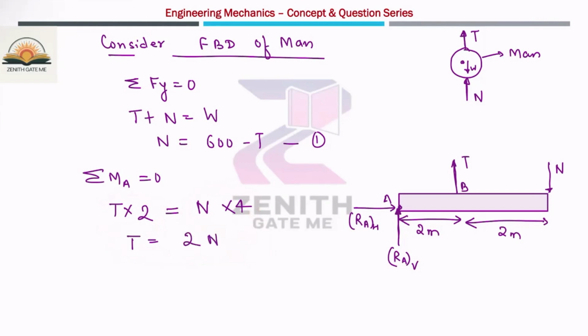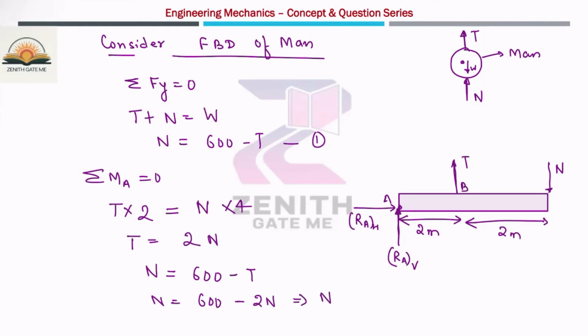If tension is 2N, can I calculate the value of normal reaction from the first equation? What you will do is put the value of either the normal reaction in terms of T or the tension in terms of normal reaction. So N is equal to 600 minus T, which is the first equation. Can I write N is equal to 600 minus 2N?